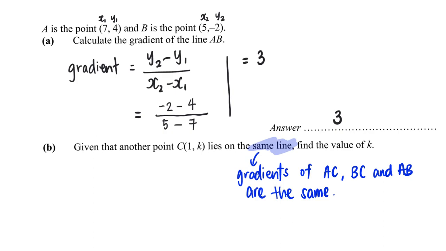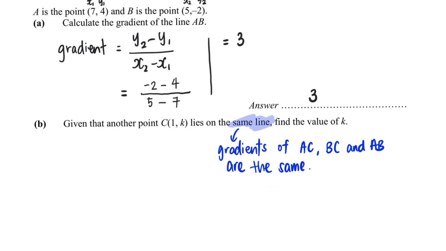And using that, since I already know the gradient of AB, I would just need either the gradient of AC or BC to make a comparison. Okay, so I'm going to make use of AC.